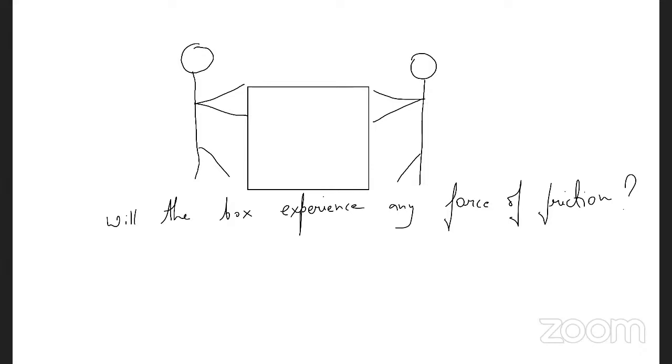Since the boys are applying forces of equal magnitude from opposite directions, the net force acting on the box will be zero. Why? Because both of these forces cancel each other out. So the box is not going to experience any acceleration and it will not move. Since it is not moving, there will be no force of kinetic friction.